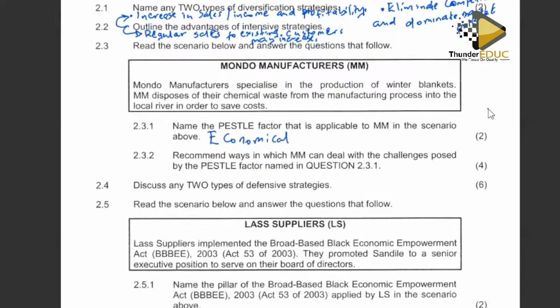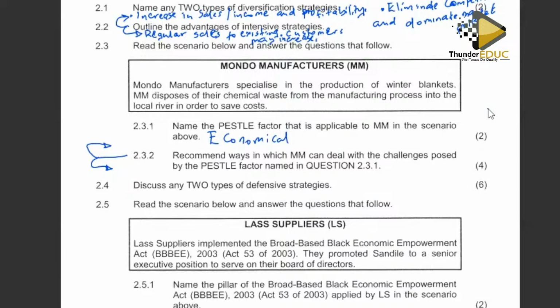Okay, right. So now the next question reads as follows: recommend ways in which MM can deal with the challenges posed by the PESTLE vector named in question 2.3.1. So the expectation here is to give ways in which MM can deal with economical as a challenge.